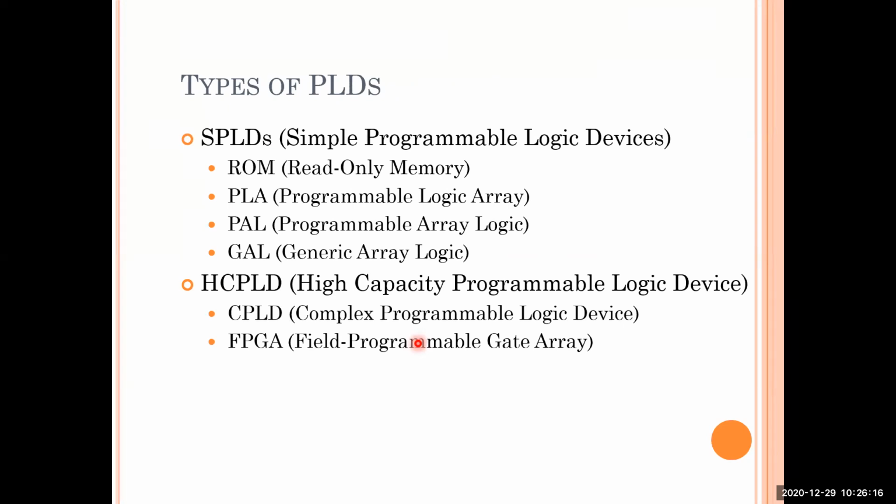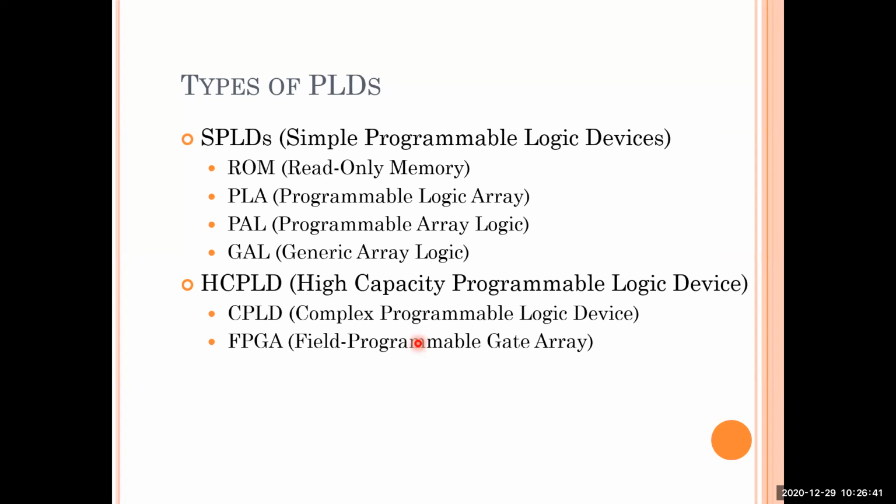After that, it is PLA, programmable logic array. We'll be studying in detail about PLA and PAL, which are related to the CPLD, in coming slides. Next is PAL, programmable array logic. Then the last type of SPLD is GAL, generic array logic.